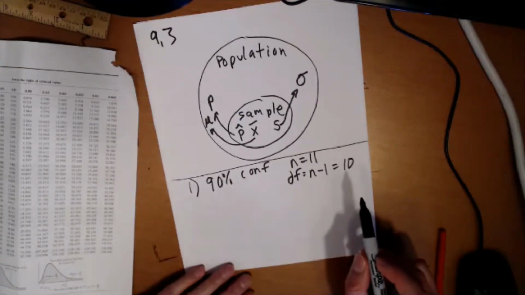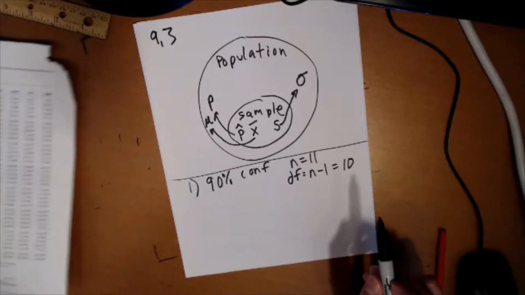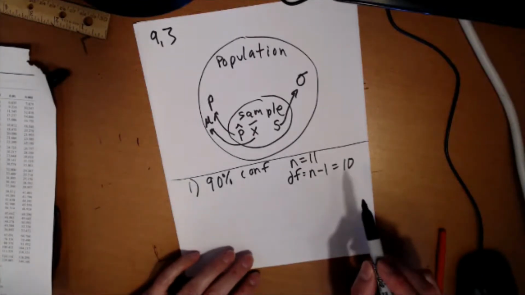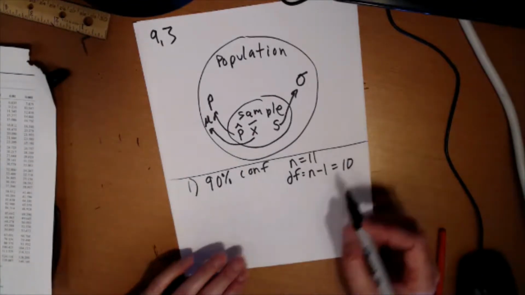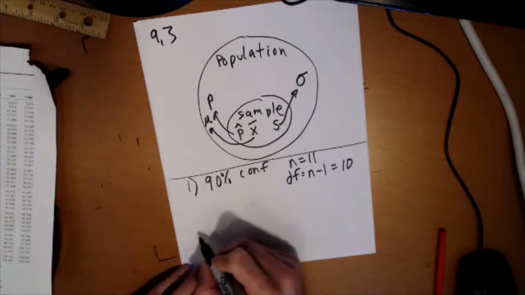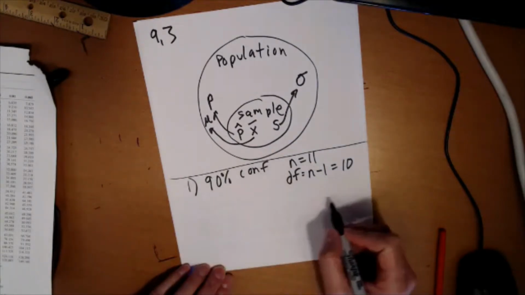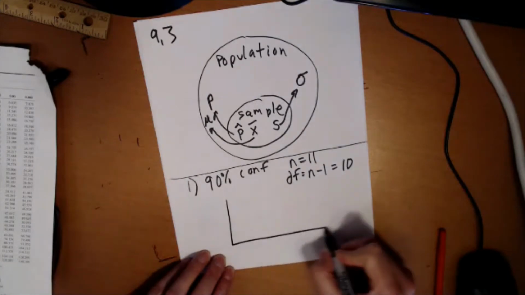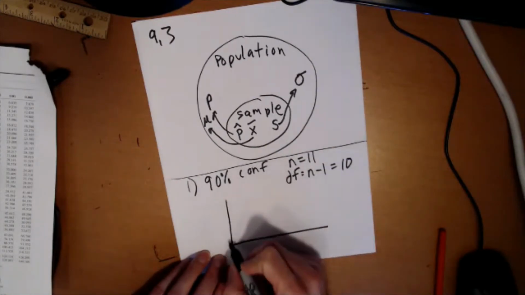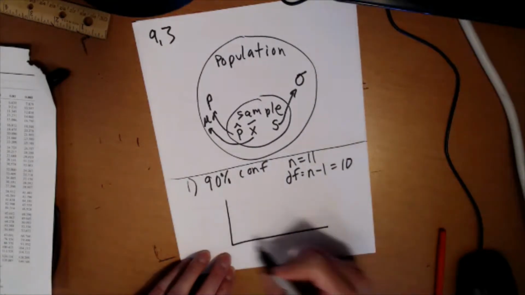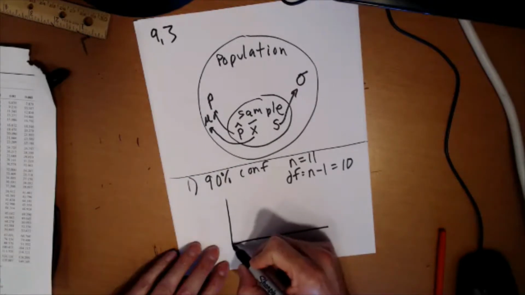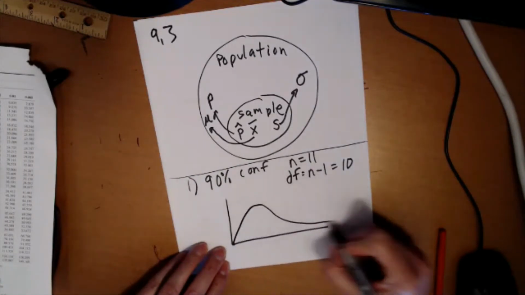And then up top, you'll see that there's a bunch of different areas: 0.005, 0.01, 0.025, 0.05. So here's how the chi-squared works. Remember, the z table goes from negative infinity to positive infinity. I like drawing my chi-squared on the axis looking like this because it does not go into the negative. It starts at 0, goes up, and goes out like that.